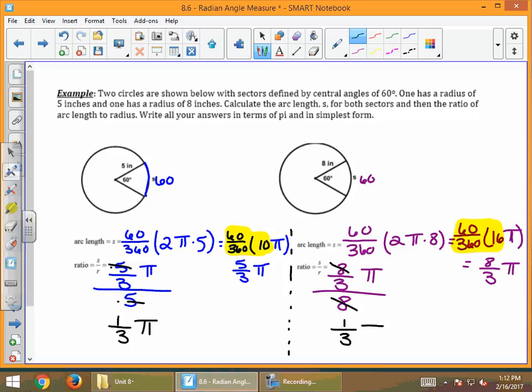We get 1/3 pi. What do you notice? It's the same. What do you notice about the central angles? They're the same. We just found out what 60 degrees is in radians. It's 1/3 pi.